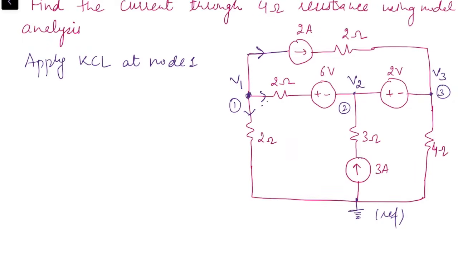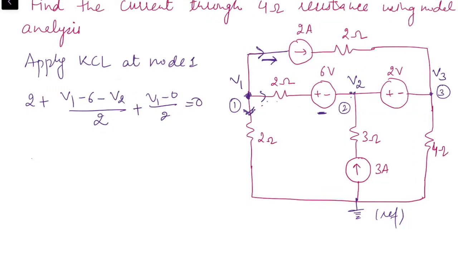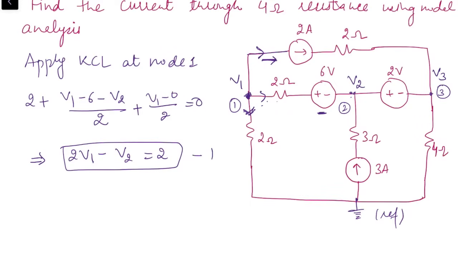So the equation after applying KCL is 2, that is current in this branch, plus (V1 minus 6 minus V2) by 2, that is potential difference divided by resistance, plus current in this branch is (V1 minus 0) by 2 equal to 0. So this will give us the equation 2V1 minus V2 equal to 2. That is our first equation.